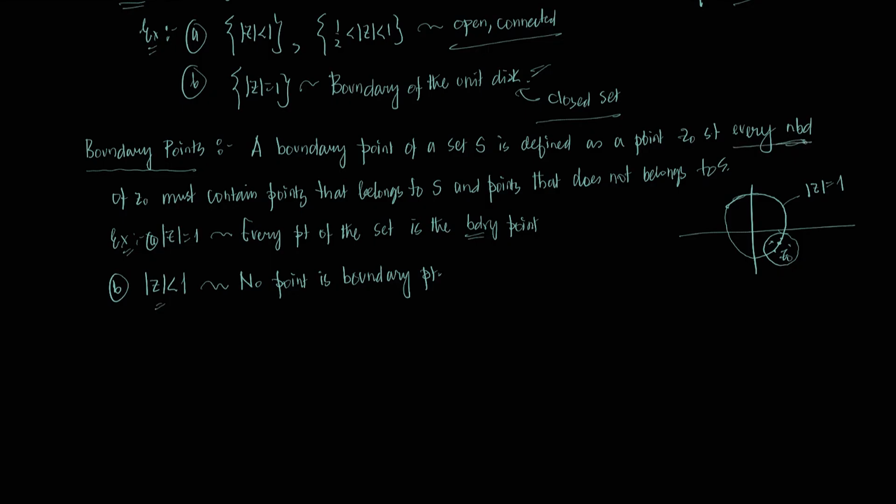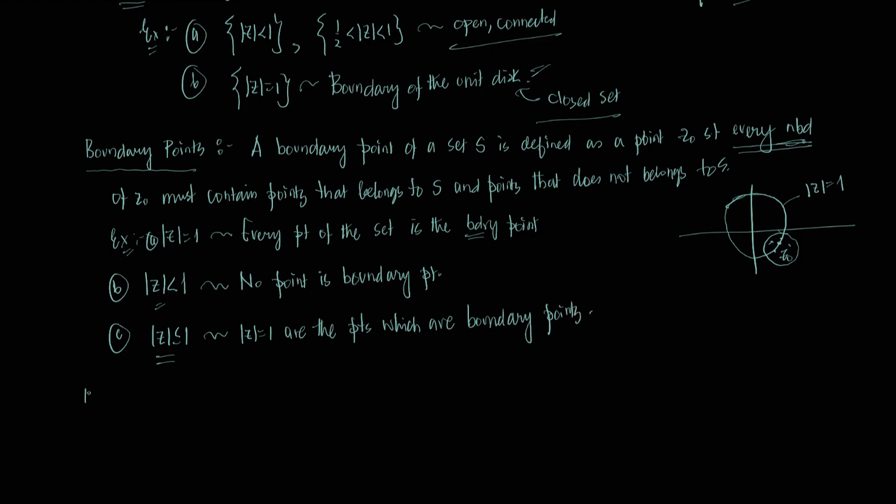But here you have to have every neighborhood containing points in S and outside S. So no point is a boundary point. What about mod z less than or equal to 1? Here the points with mod z equals 1 are the boundary points. So this set contains its boundary points as well as interior points.